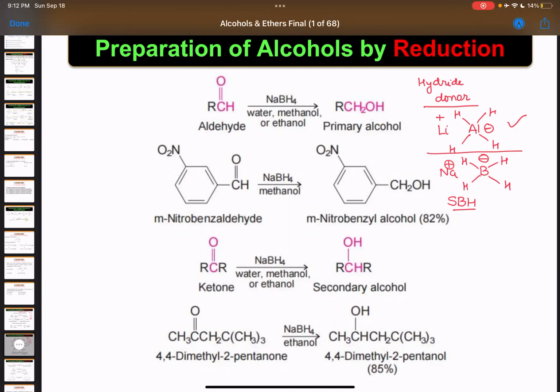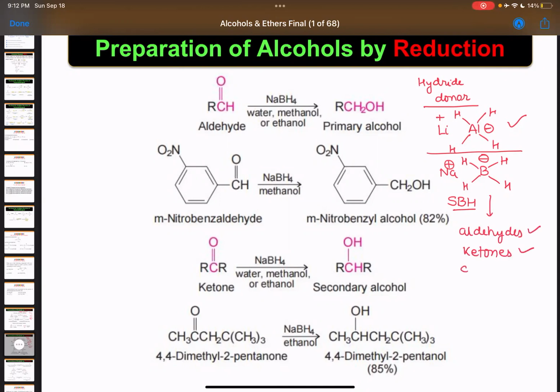Okay. So sodium borohydride will reduce only aldehydes and ketones, right?